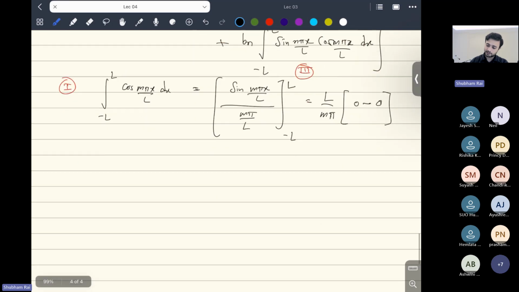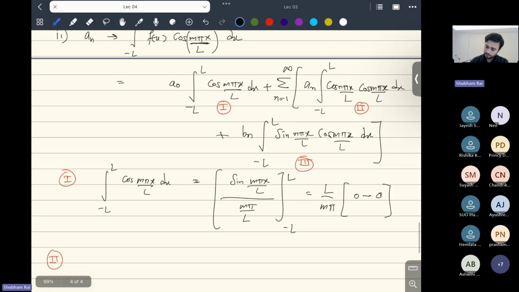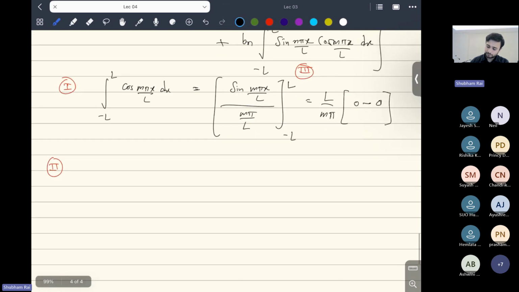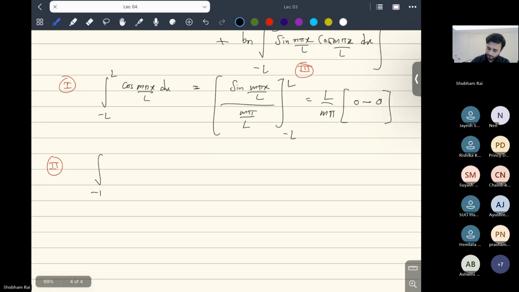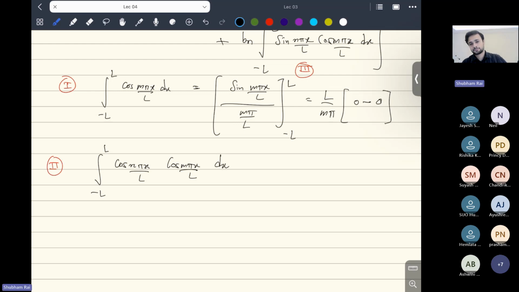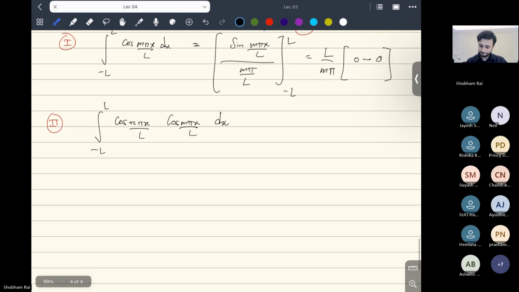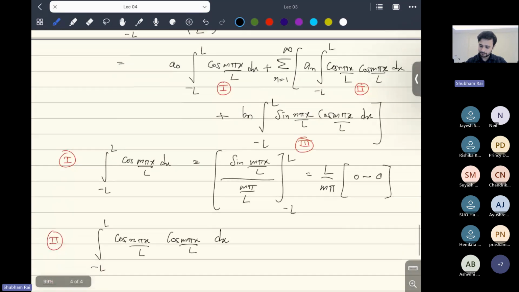Now let's evaluate the second integral. The second integral is the integral from minus L to L of cos(n pi x by L) cos(m pi x by L) dx. Let's integrate this.